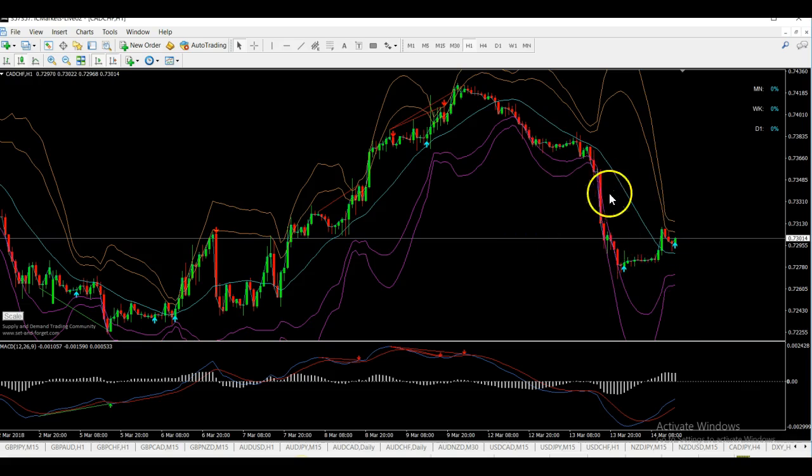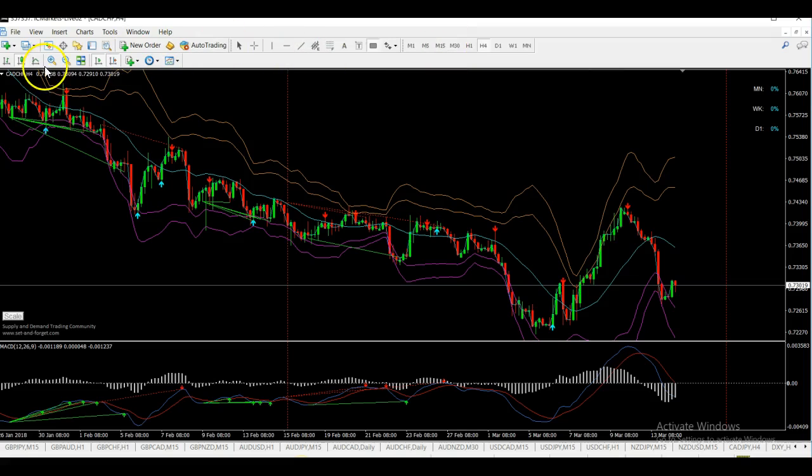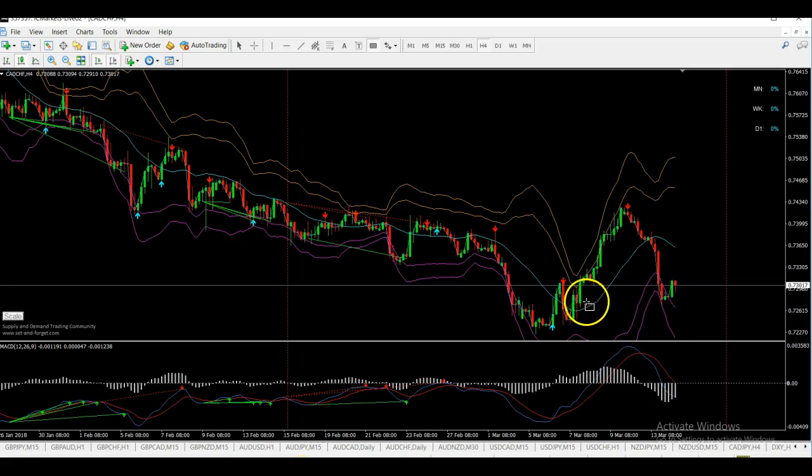Okay, got a signal here. It's looking like a good price action signal. Let's see where in the chart it is at the minute. Let's just look at the 4-hour chart first. So I can see this was your huge move down last week.